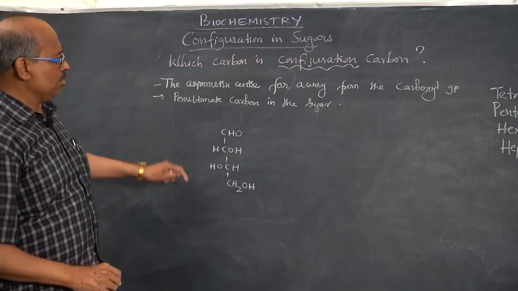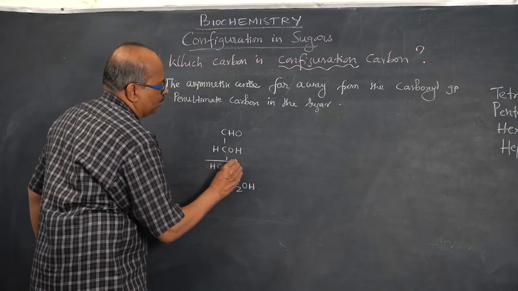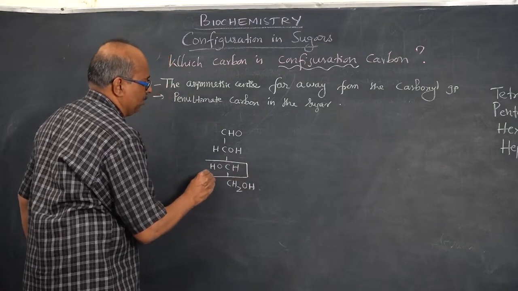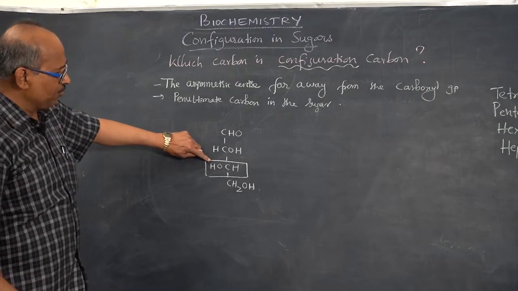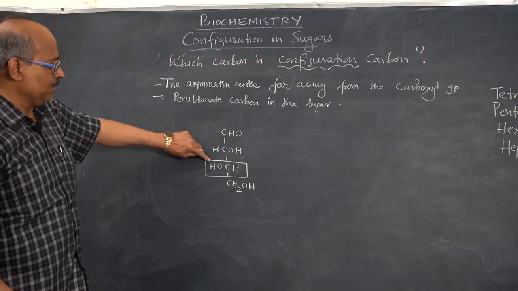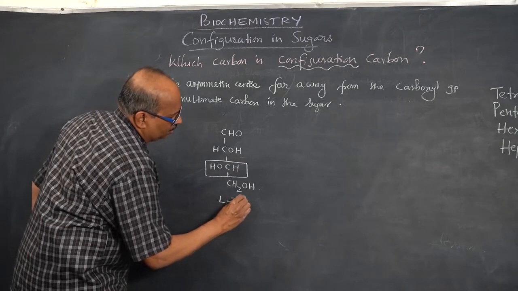In tetrose, carbon 3 will be the configuration carbon. This carbon is similar to that of L-glyceraldehyde carbon. So this will become L-tetrose.